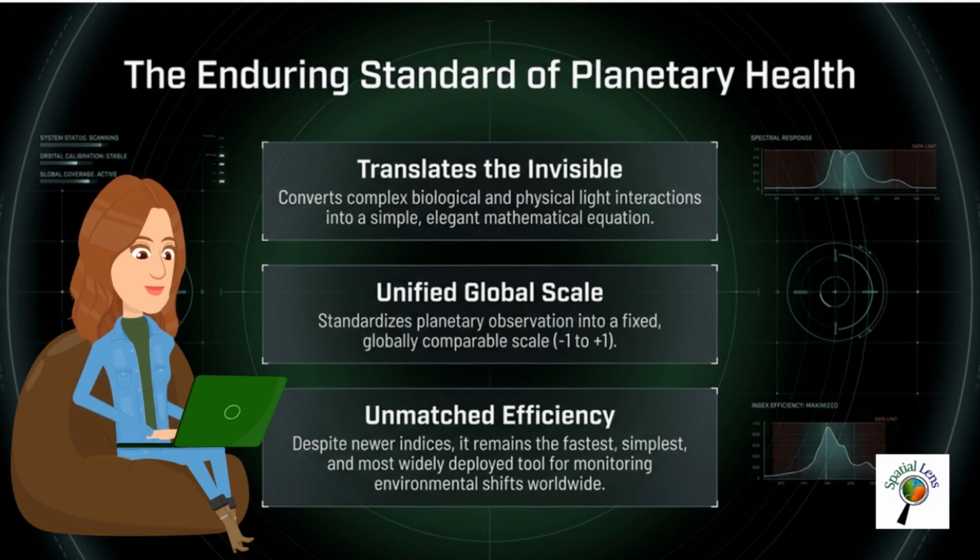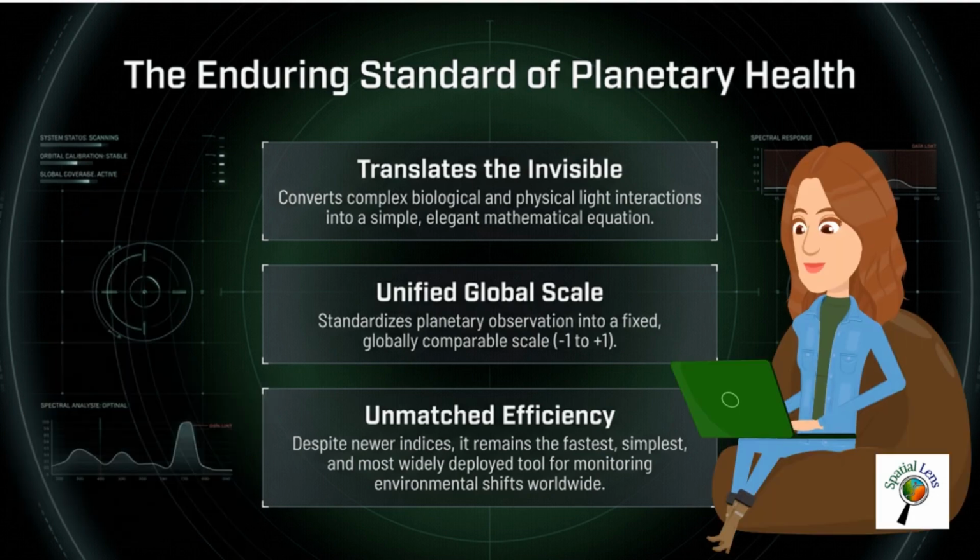So at the end of the day, NDVI is essentially a mathematical way of measuring plant health from space. By comparing how much red light plants absorb and how much near-infrared light they reflect, NDVI converts invisible spectral information into a simple number between -1 and +1.